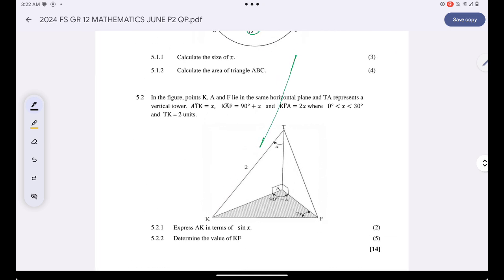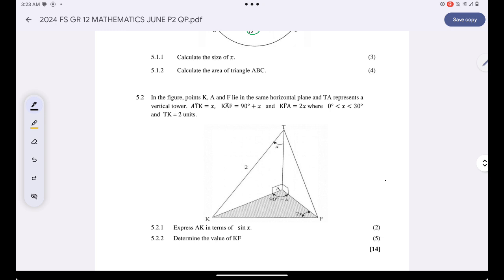Okay. Now I'm given the figure. I'm told that in the figure below, K, A, and F lie in the same horizontal plane, and TA represents a vertical tower.